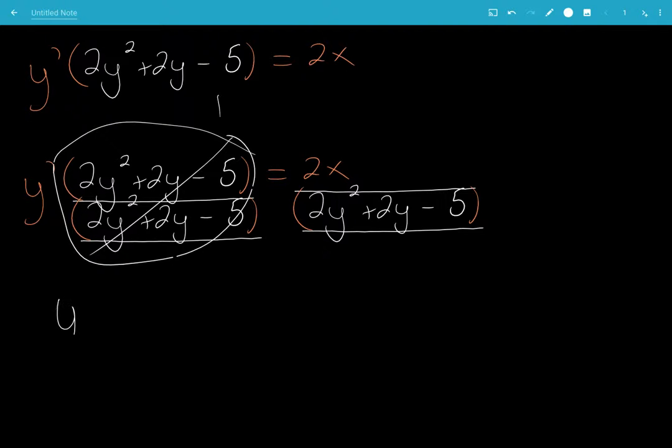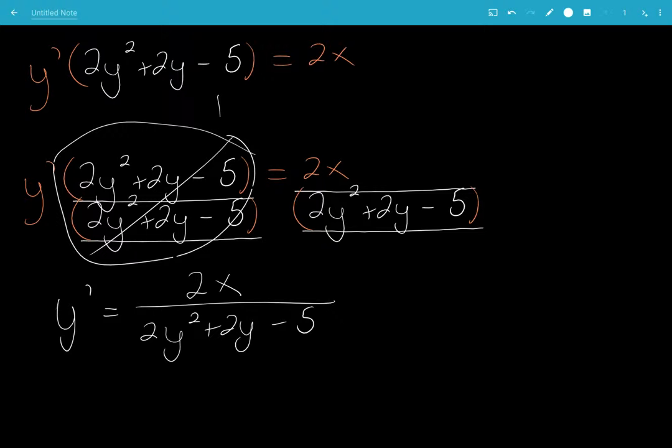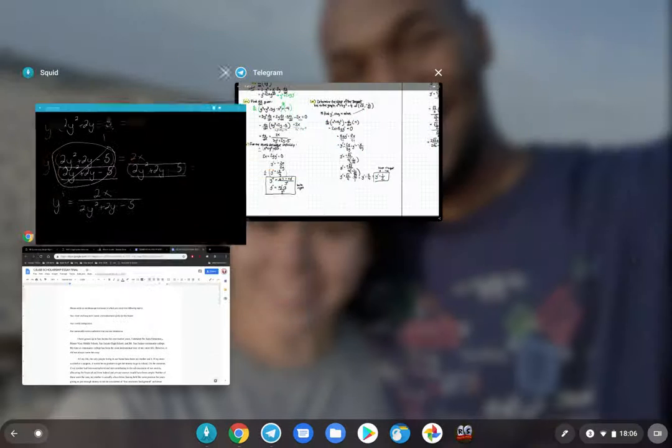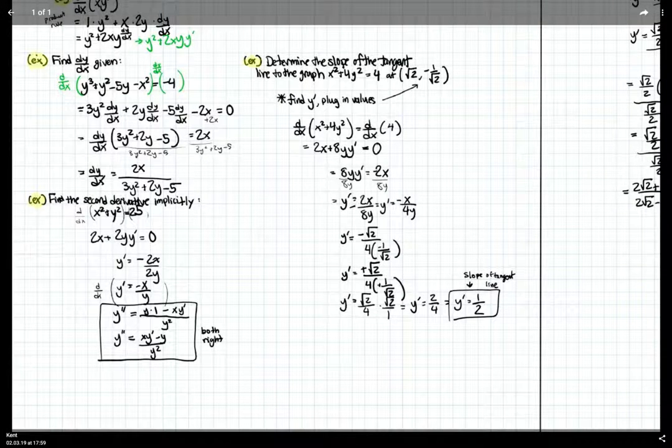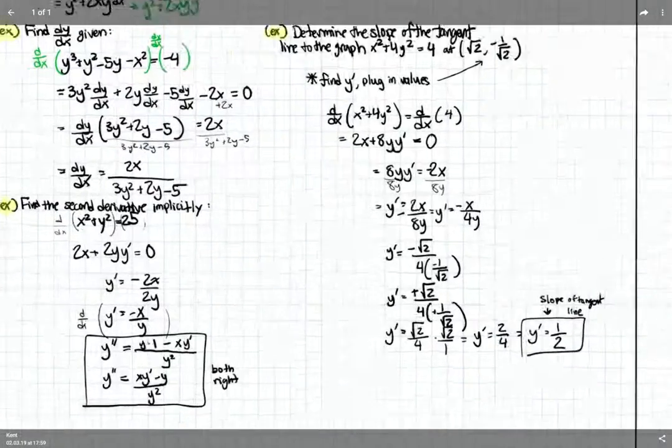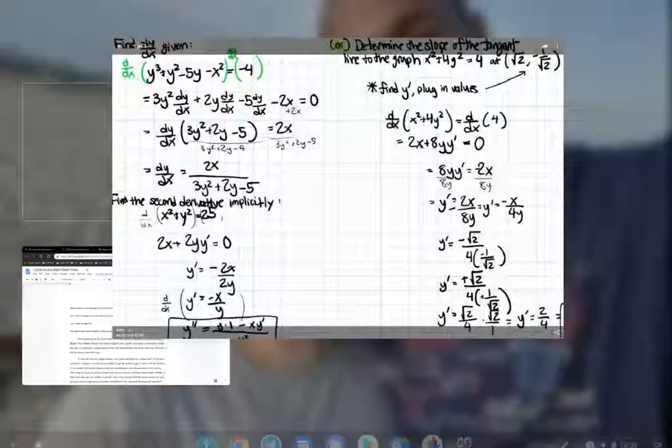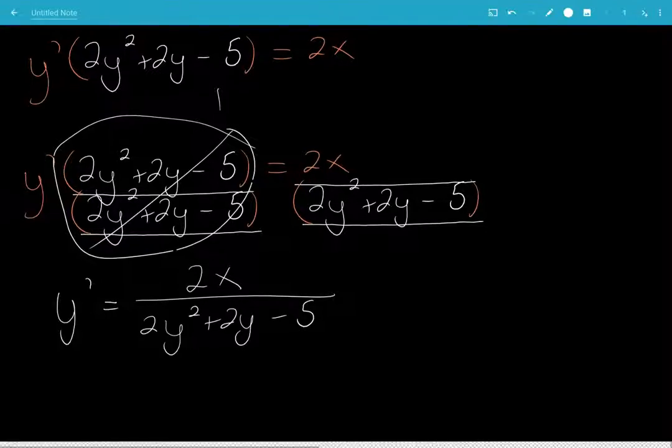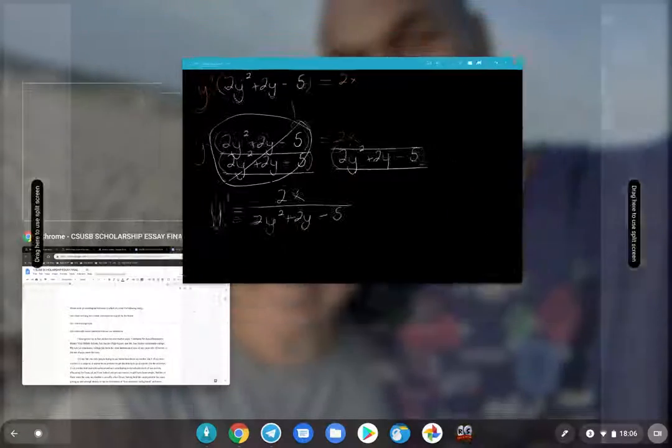So this will be y prime is equal to 2x over 2y squared plus 2y minus 5. All right, and I hope that's the same solution. Let's see. Yeah, okay, cool. And that's exactly what he got. So yeah, that's kind of the crux of it.